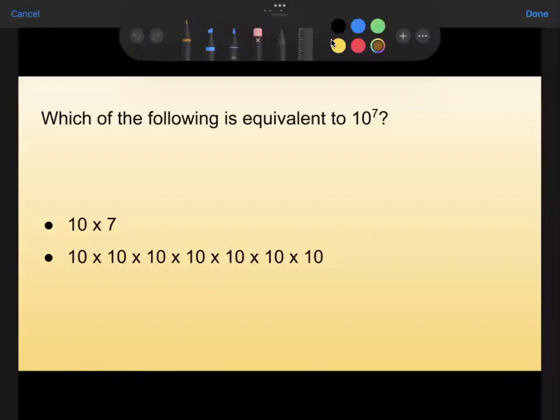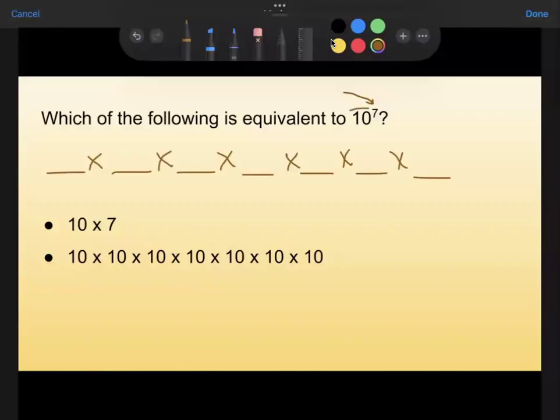Okay, here is our next one. We have 10 to the seventh power, and we have to figure out which of those two choices it is equivalent to. So as we talked about, the little exponential number represents how many times you're multiplying the base. So that would be 1, 2, 3, 4, 5, 6, 7. And we can put x's for times in between. And remember, these powers and exponents only relate to multiplication expressions, not adding, not subtracting, and not dividing.